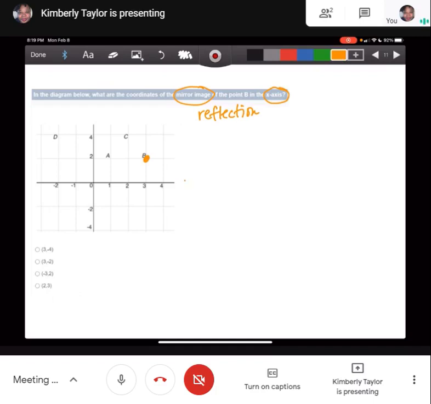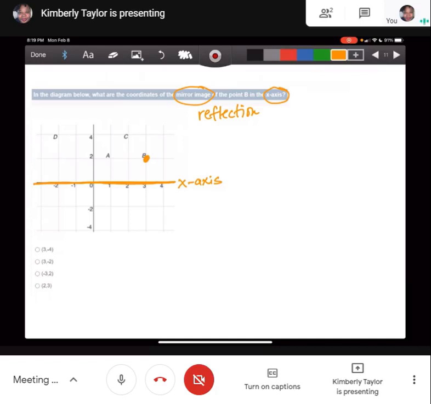This is the x-axis here, and I'm talking about this line here. This is your x-axis. So if you want to reflect over the x-axis, that means you're going to go over this line. And if you can tell, it needs to be equal distance.